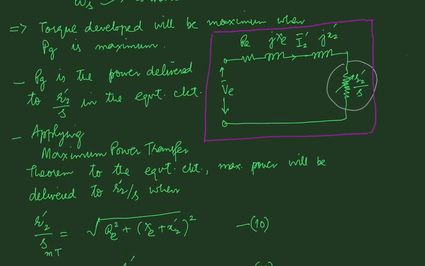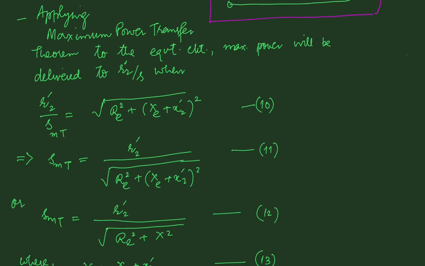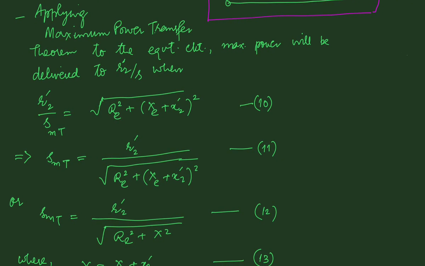So applying the maximum power transfer theorem to the equivalent circuit, maximum power will be delivered to R2 prime by S when R2 prime by S_mT, we replace S by S_mT because now S will correspond to the maximum power, is equal to the magnitude of internal impedance, which is equal to square root of Re square plus (Xe plus X2 prime) whole square.